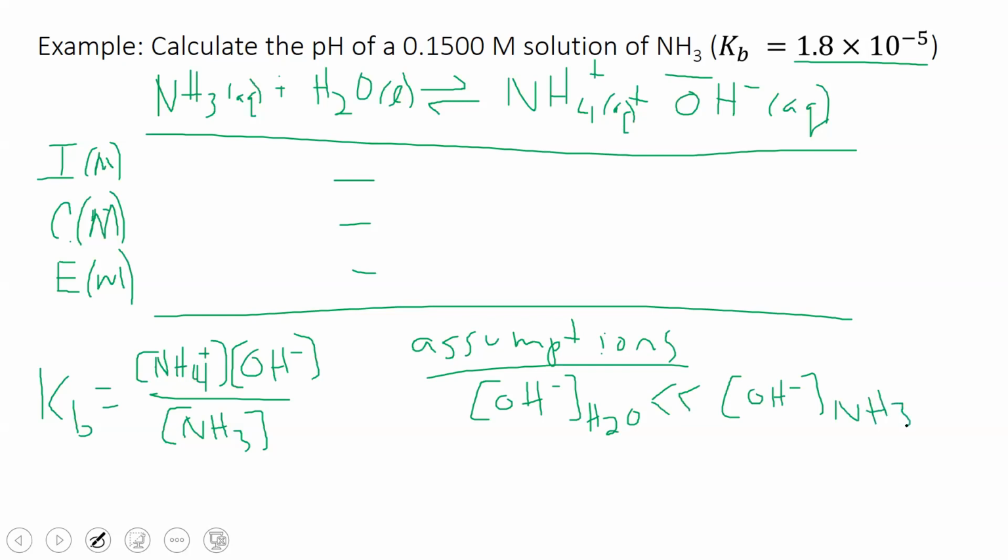Now, this is a pretty good assumption because if you look at the concentration up here of the ammonia solution, that's a pretty big concentration, right? 0.15 molar. Even if you take 1% of that as dissociating, then you're going to get a value that you can exclude the initial amount of hydroxide. So with that assumption, we can go up there and put a 0 with the hydroxide.